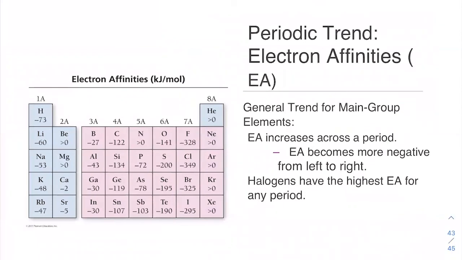So here's the chart. In general, electron affinity increases as you go from left to right on the periodic table. What that should tell us is that metals do not like electrons. Nonmetals love electrons, which makes sense. Nonmetals tend to form those negatively charged ions, right?